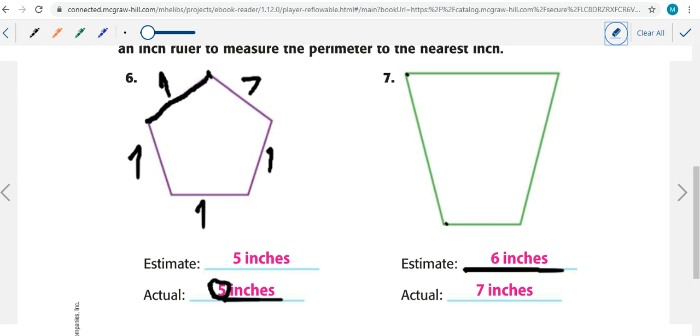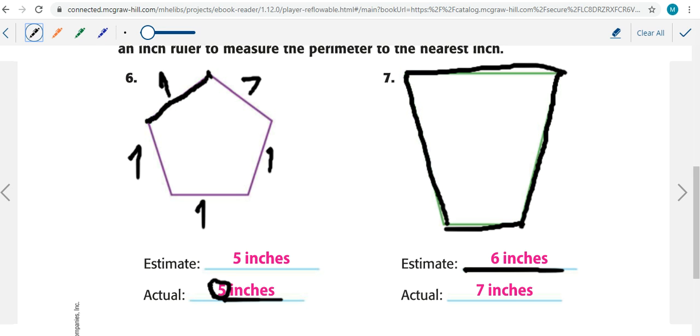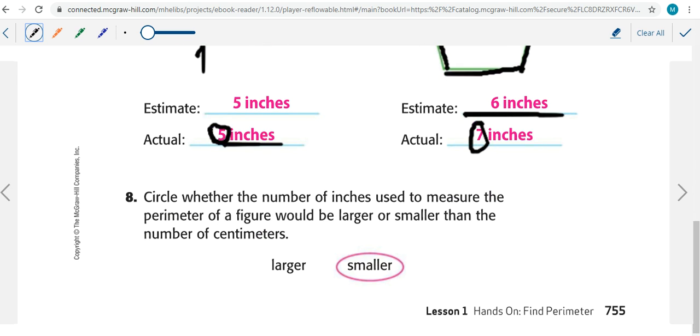You're going to measure from here to here, then here, this side, then this side, and then this side, and it has to give you 7 inches. How do we have 7 inches? We need to add them, okay? Remember that you need to add all of the sides to find the perimeter, okay?